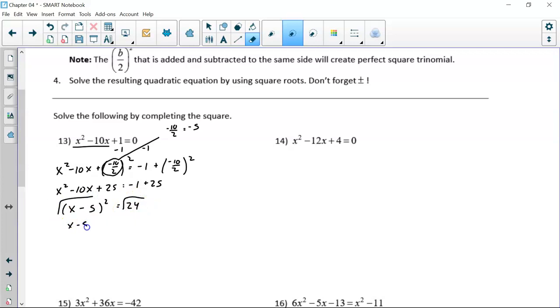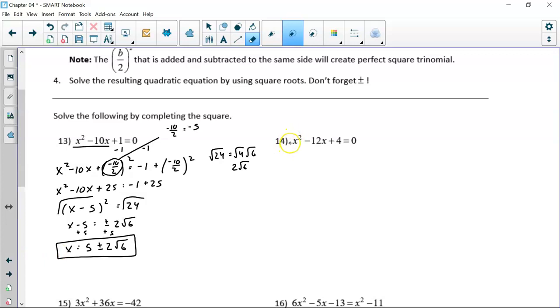So we get x minus 5 equals plus or minus, and the square root of 24 is the square root of 4 times the square root of 6, so it's 2 square root of 6. And then add 5 to both sides. So x equals 5 plus or minus 2 square root of 6. And there's our solutions. So it's just helping us get into that form so we can solve by square roots.